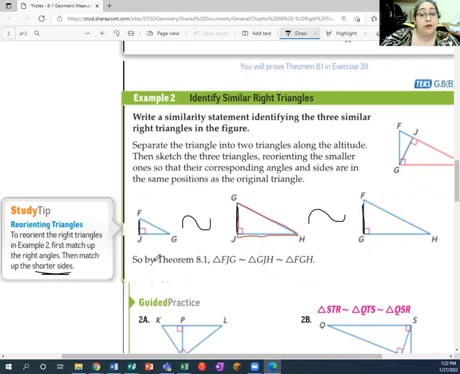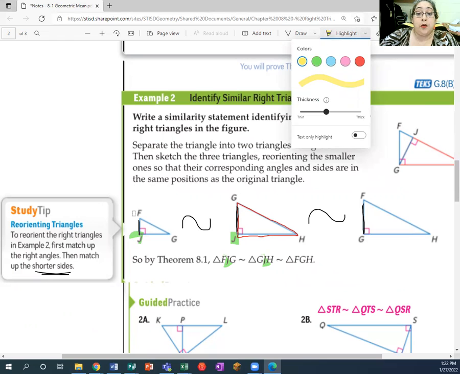So when I write the name of my very first triangle in my statement, it doesn't matter what order you write those letters in. But when you go to write the second triangle's name, you have to make sure that you put them in corresponding order. Since J is the right angle, J needs to go in the same location in the name. Since we wrote it second in the first triangle's name, we're going to write it second in the second triangle's name.